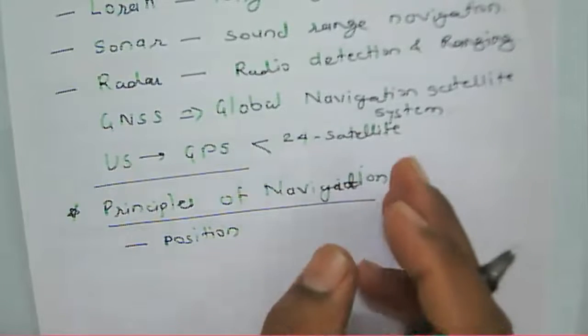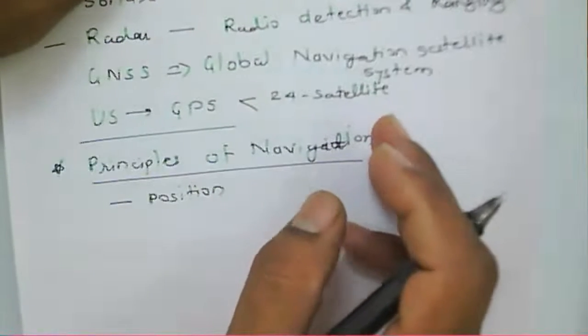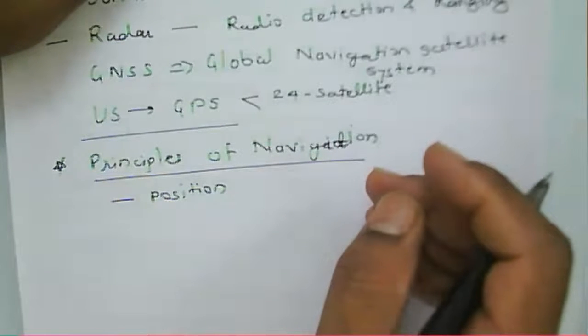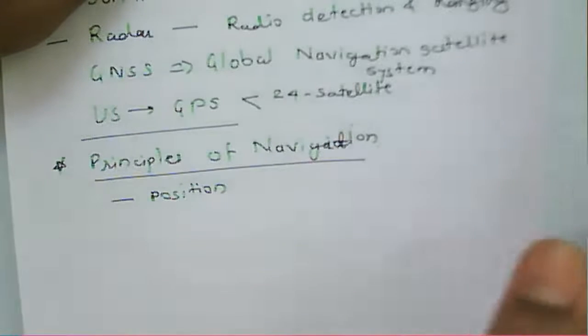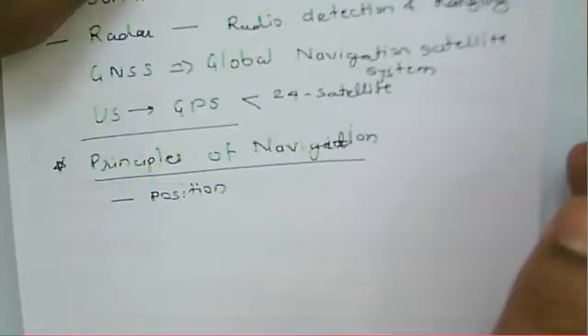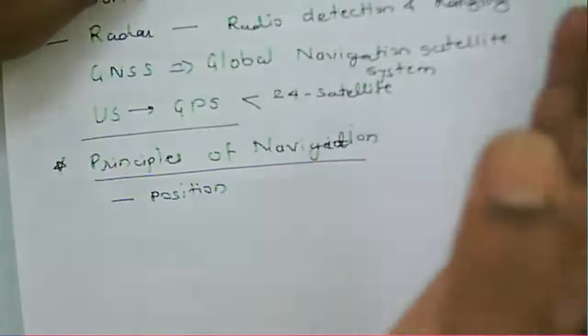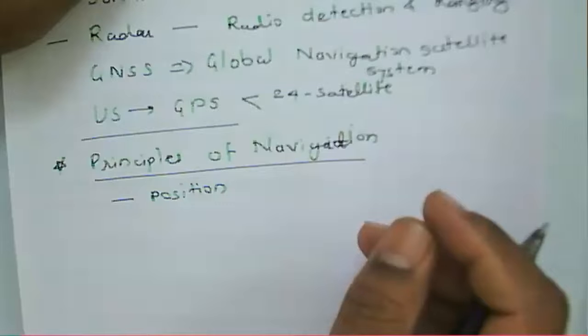So we need to send one particular signal. Suppose it is a satellite navigation system, we need to send the signal from the satellite to that particular object.